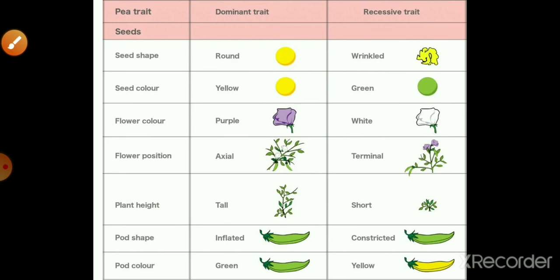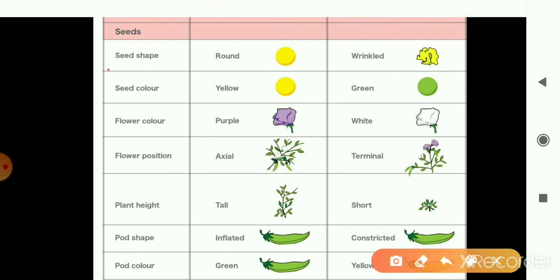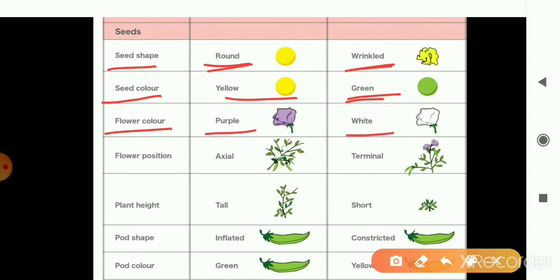On the screen you see the dominant and recessive traits. In terms of seed shape, round is a dominant trait and wrinkled is a recessive trait. In terms of seed color, yellow is dominant and green is recessive. For flower color, purple is dominant and white is recessive.